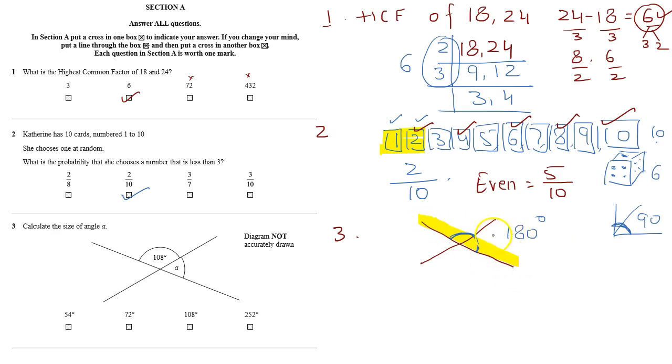This straight line is 180 degrees. This is 108, so this remaining angle is 180 minus 108. That will be 72 degrees. So that is the answer for this angle. It's making 180 degrees.